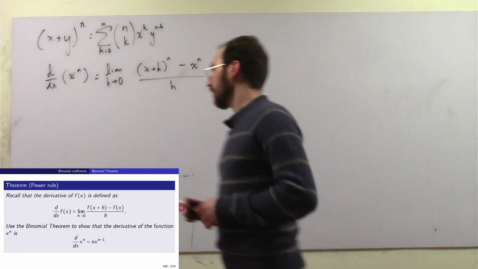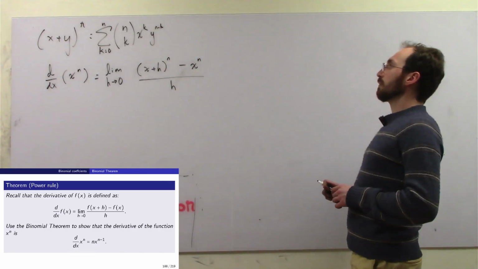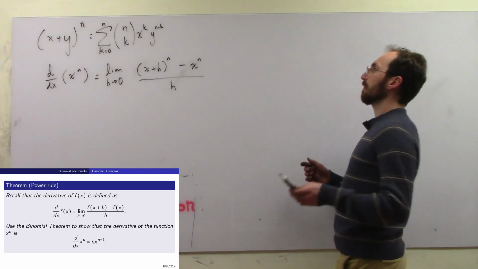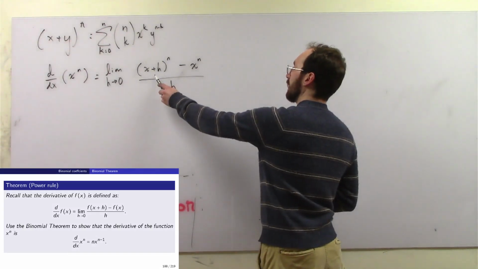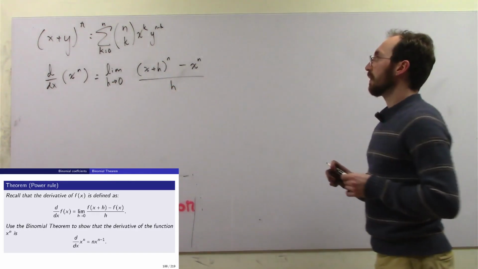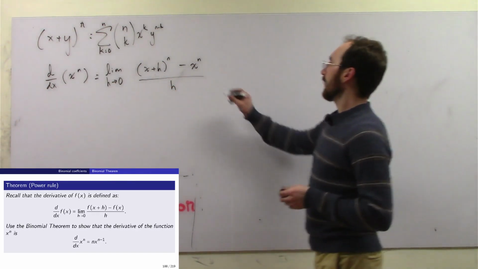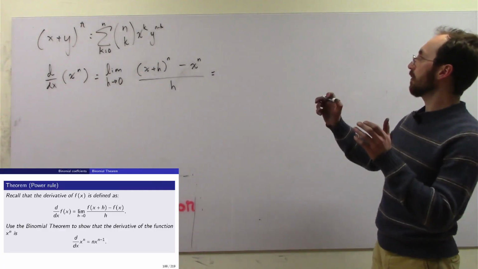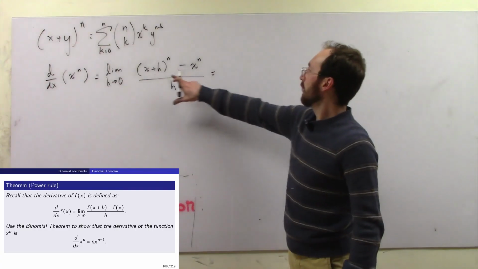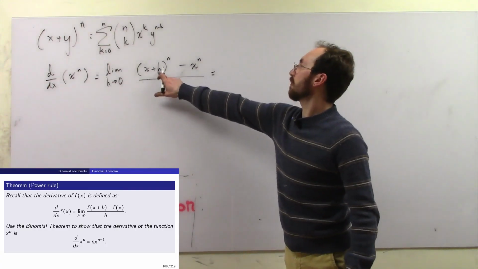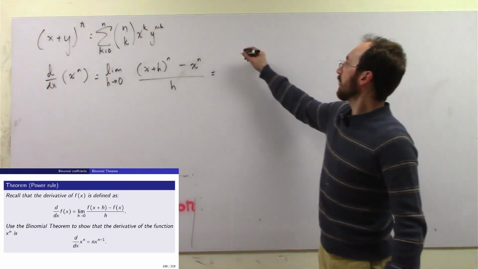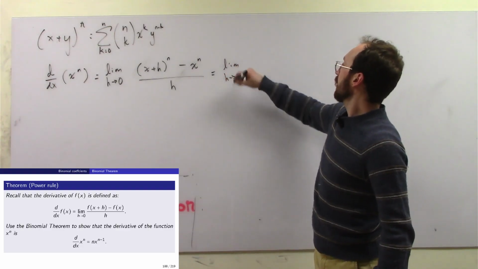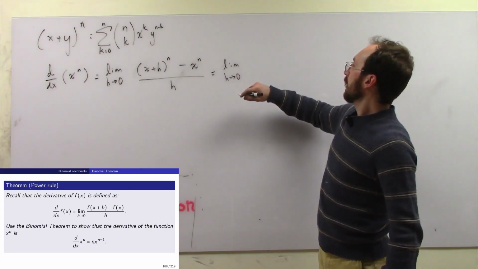Okay, we want to use the binomial theorem here. Lucky for us, there's a binomial here. It seems like if we just follow our nose, hopefully everything will work out. So let's expand this (x plus h) to the n using the binomial theorem and see where we end up.